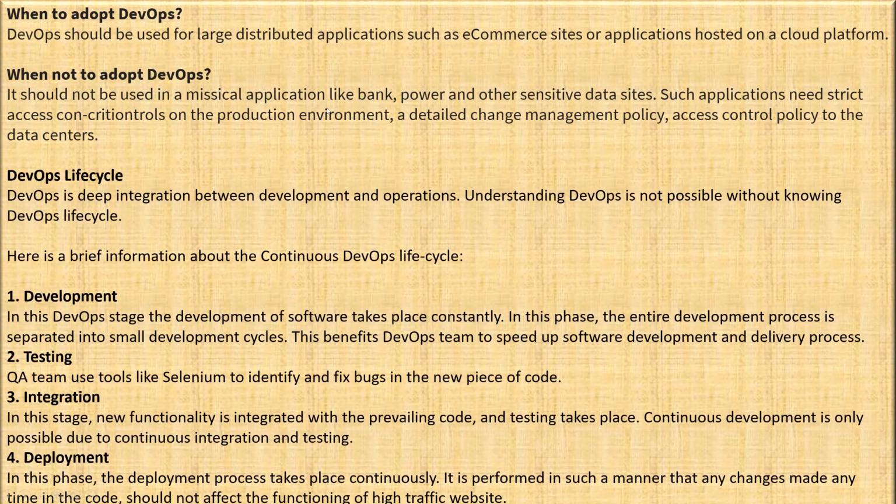Suppose some application is very critical, such as in a bank, which has sensitive data. Those applications are required to be strict, should not be shared into multiple environments, or shared by multiple people. So those applications can't adopt DevOps.